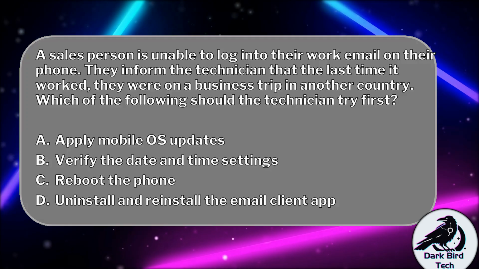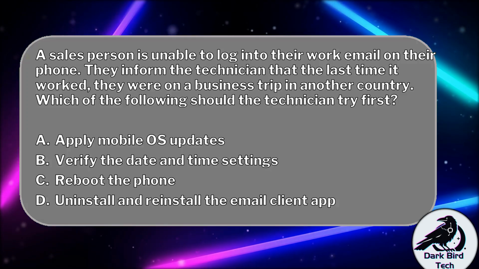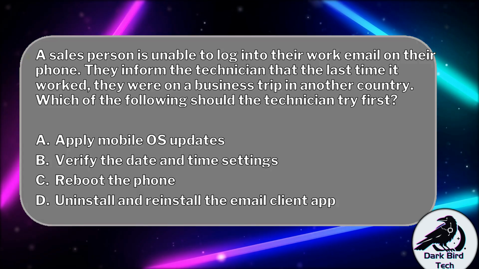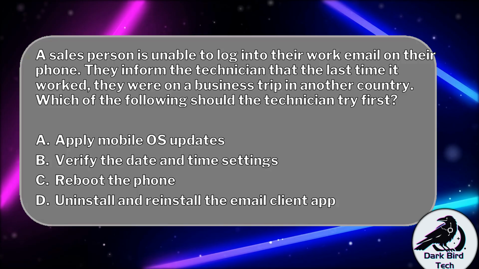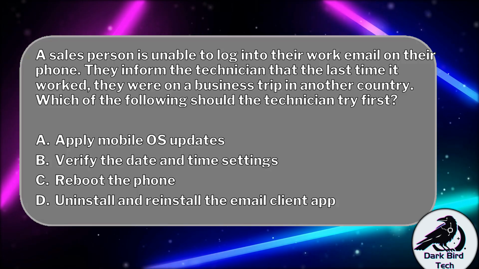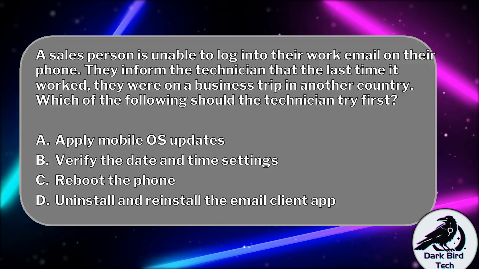And yet again, we've got a question where we've got 4 options that could potentially make a difference to this problem. So let's review. Could a mobile OS update be the reason why they're not getting emails? Possibly. It might be a version compatibility issue if maybe the email app updated but the OS didn't.